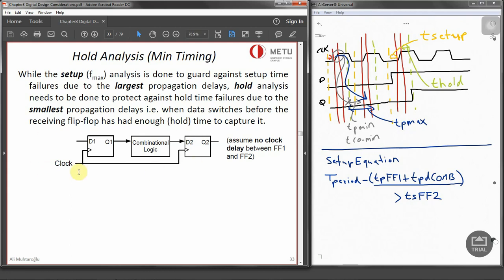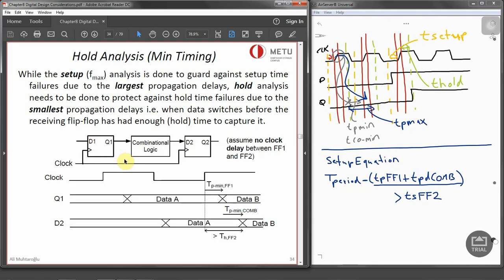It can be the smallest propagation delays that cause the hold time violation, so we need to consider the minimum delays in the path as well. So when we look at the timing diagram, on the first rising edge, this is changing, so we observe that from the setup analysis.